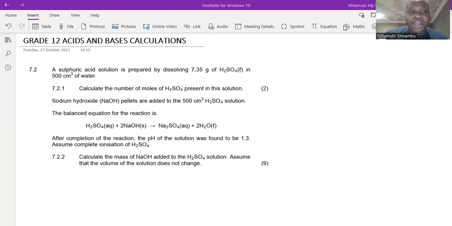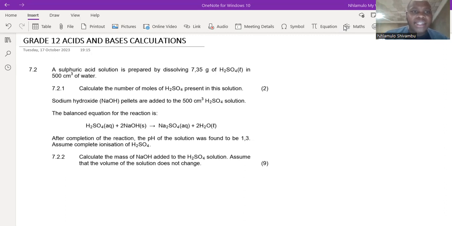So we'll start with 7.2.1, which is a navigation question, or a question that guides us on the initial things that we must get before we can answer the main question, which is 7.2.2. So let's get down to it.